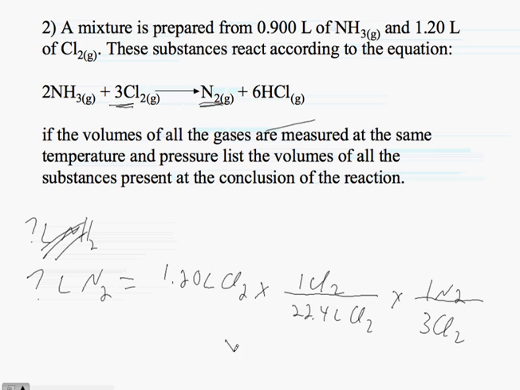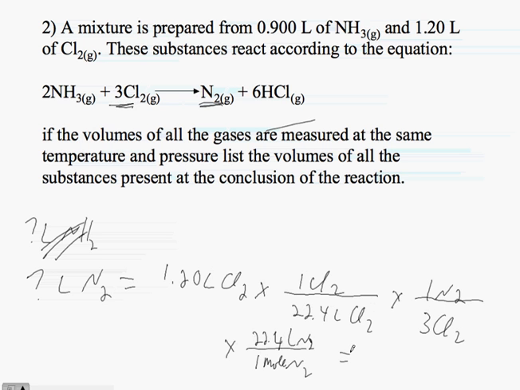Then I convert my moles of nitrogen into liters of nitrogen: 22.4 liters of nitrogen for every 1 mole of N2.